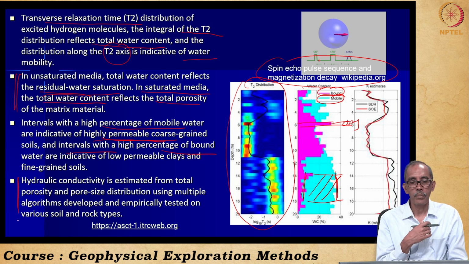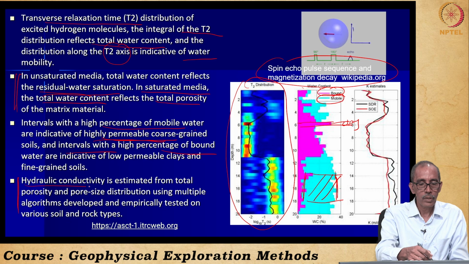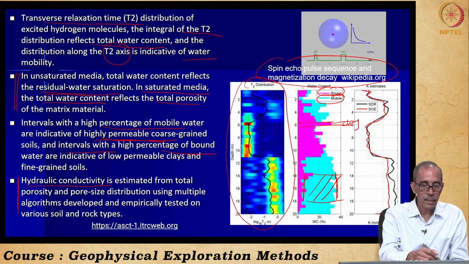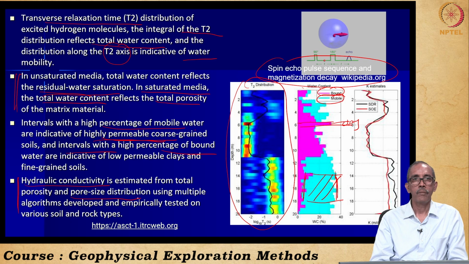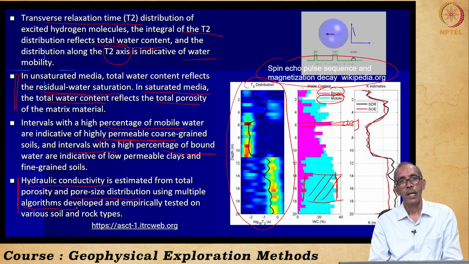As I had just now mentioned, the porosity can be helpful to determine the hydraulic conductivity as well as the pore size distribution using different tools or algorithms developed and empirically tested on various soils and rock types.